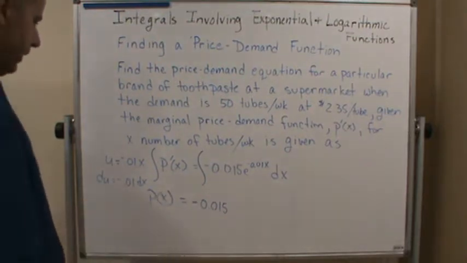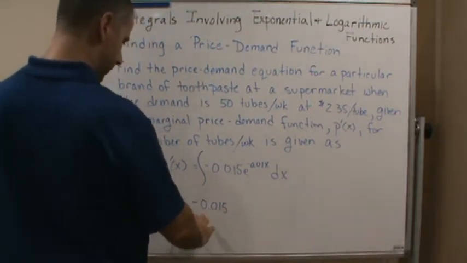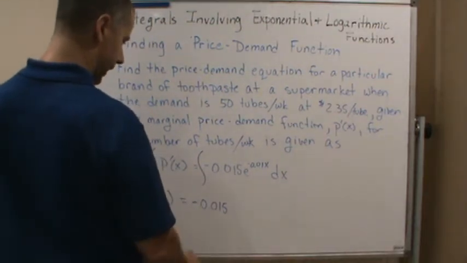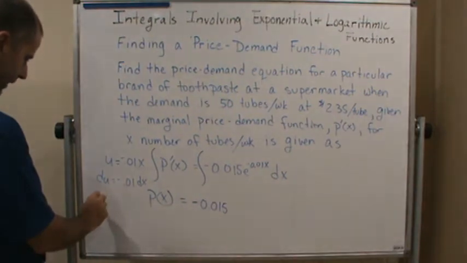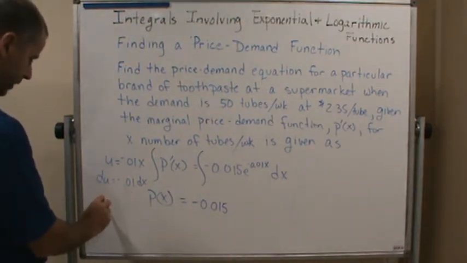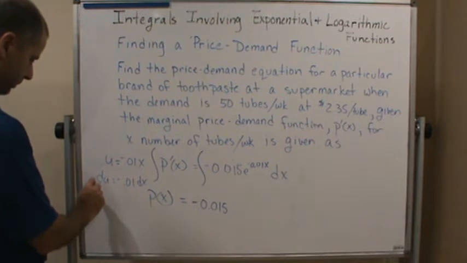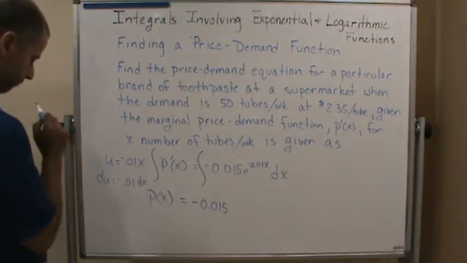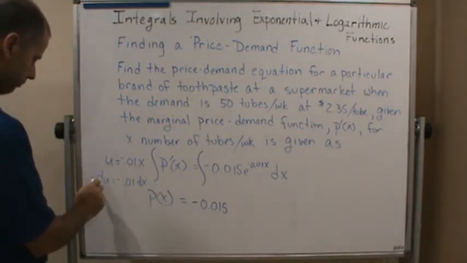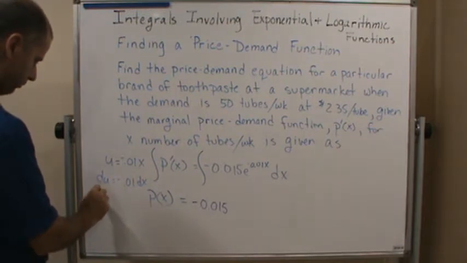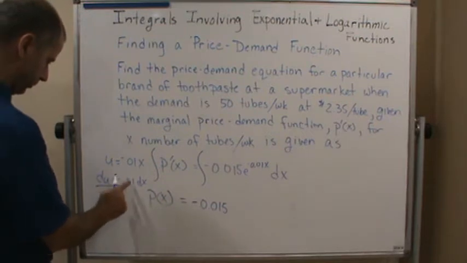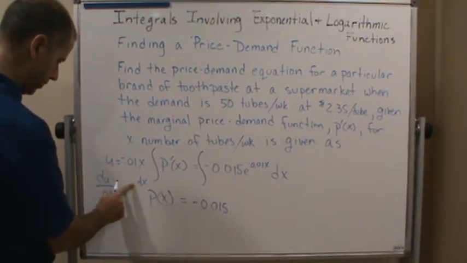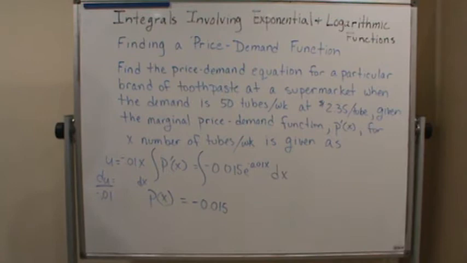And so if I do this, then what I'm going to end up having is my negative 0.015. Oh, hold on a second. I want to divide both sides by that. So I'm dividing both sides by negative 0.01.